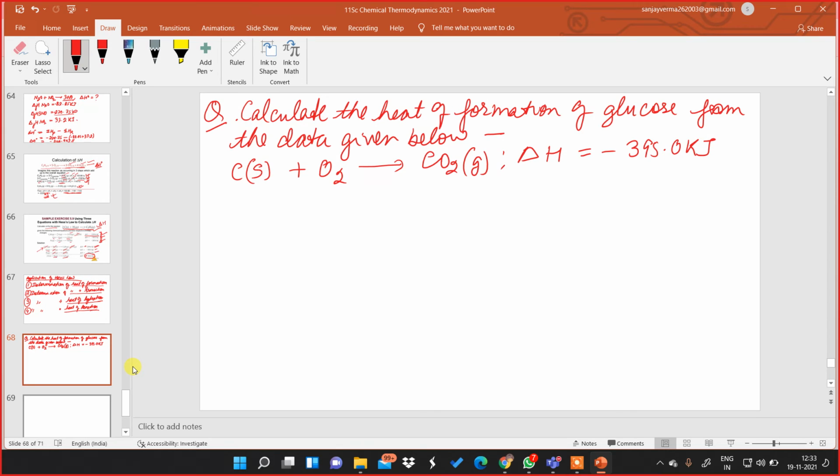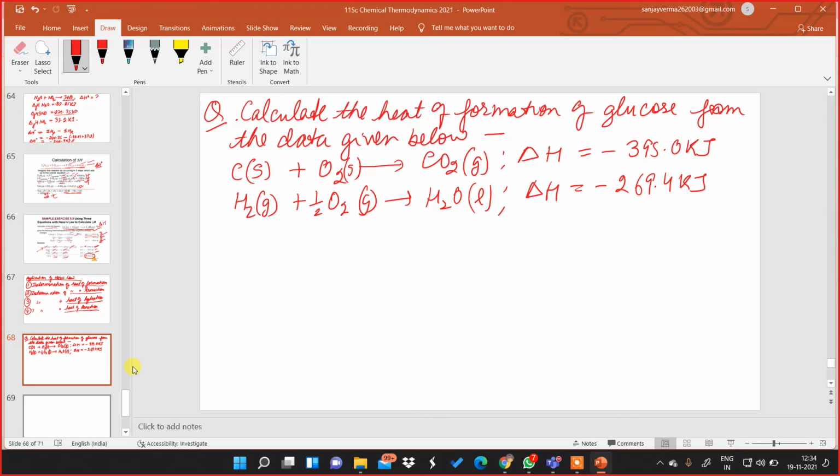The next equation is hydrogen gas burning in oxygen gas. It is forming water after condensation, liquid water. So the enthalpy of this reaction is given as minus 269.4 kilojoules.